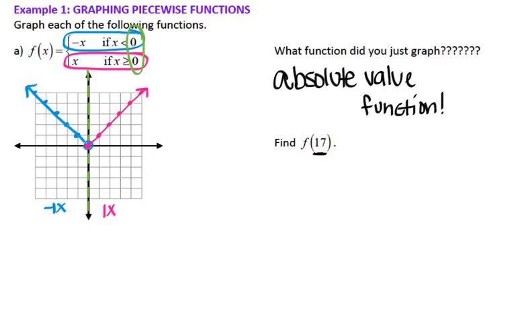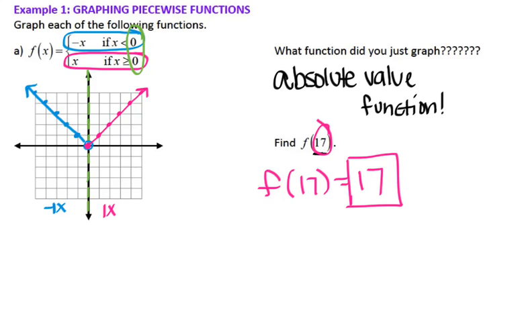Since 17 is greater than or equal to 0, you're going to use the one that I have circled in pink. So f of 17 is going to equal 17 because I'm plugging in 17 for that x. And there's your solution. So you have to pay attention to what you're plugging in and which function you're going to plug into based upon your restrictions.